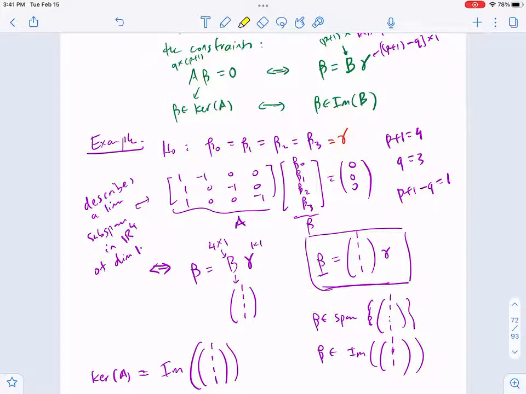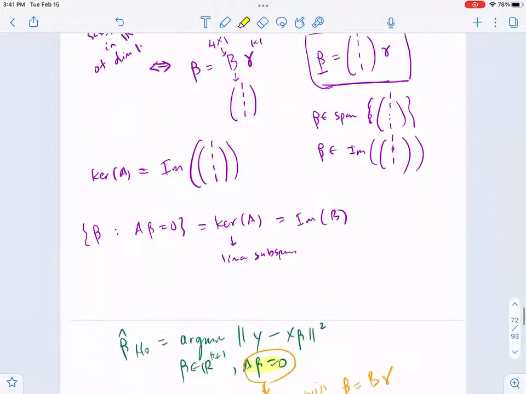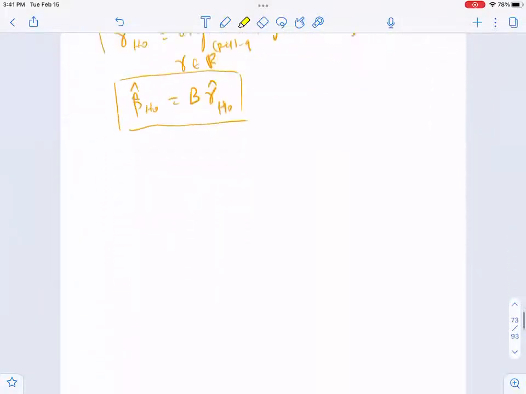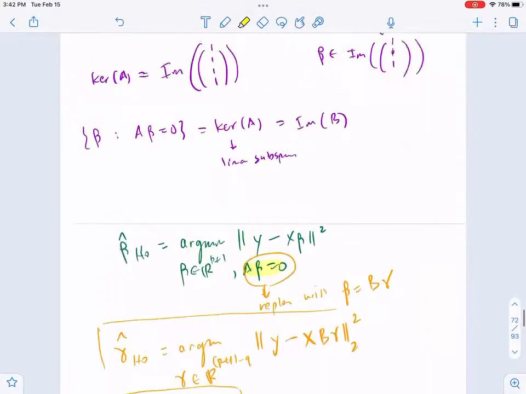Then every beta in the constraint set would be like that, and we plug it into the regression model and get a simpler regression. This is a different example, but once you plug it in, you get another restricted regression. You can solve this regression, you get a new beta hat, and then somehow we want to compare these two beta hats.